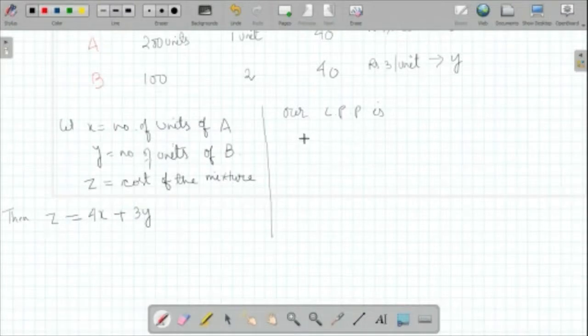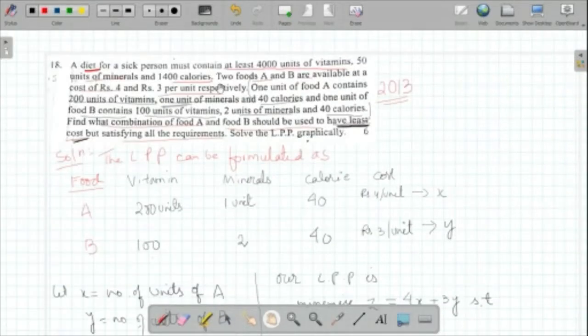Our LPP is minimize z equals 4x plus 3y subject to the conditions. What are the conditions?